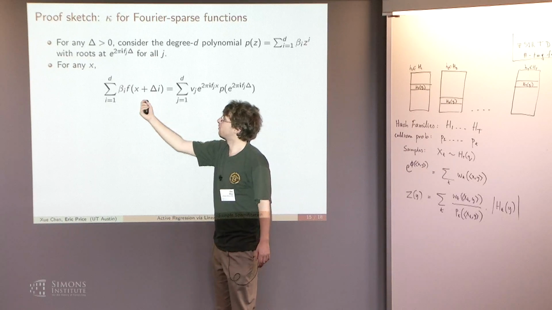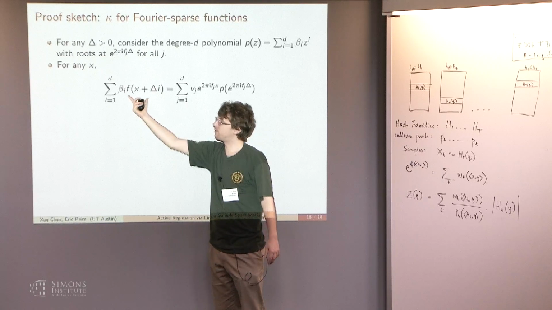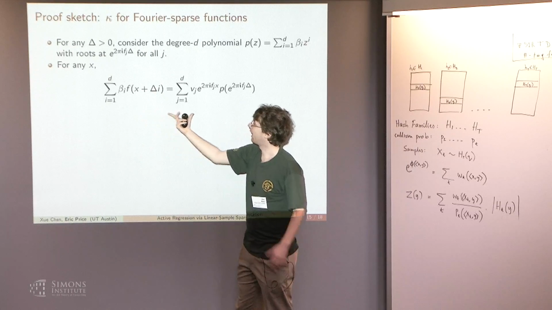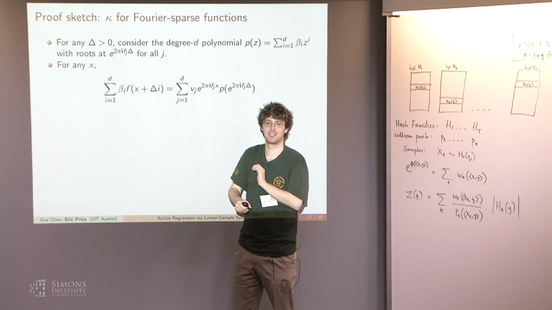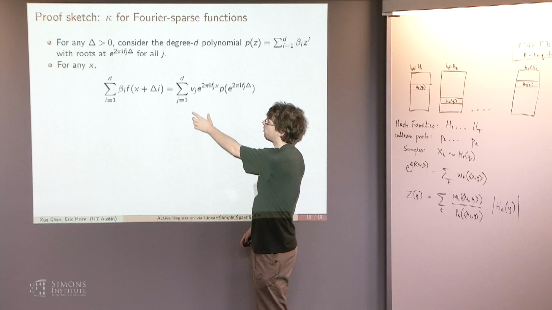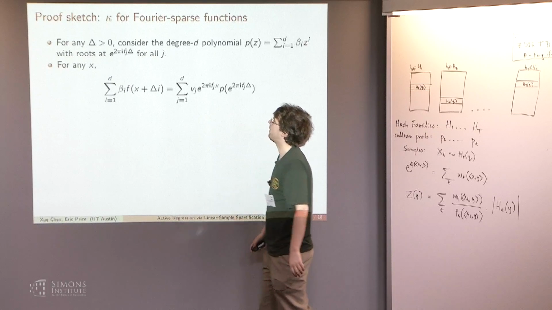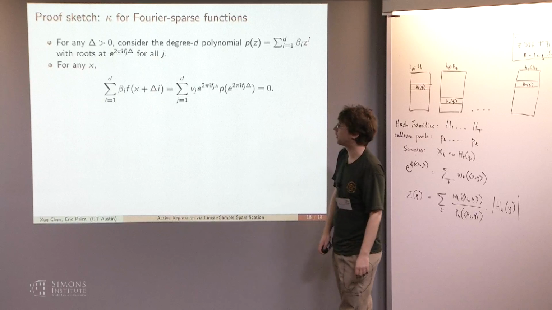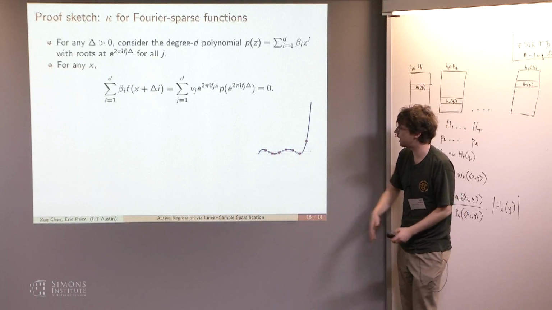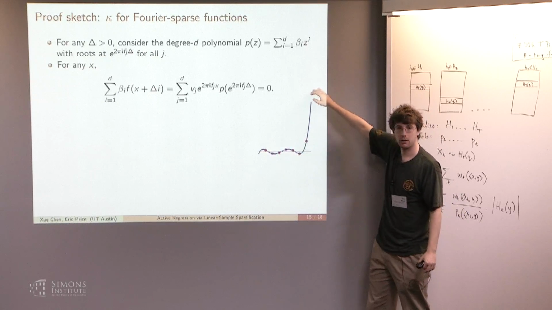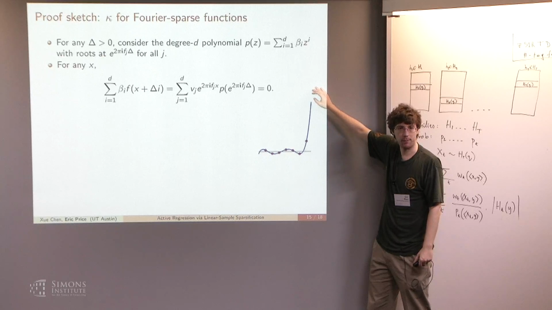Then if you expand your definition of f and you switch the order of summation, you can show that this is a linear combination of the evaluations of p, which is equal to 0. So just to illustrate what's going on, we have our function f that has a sparse Fourier transform.